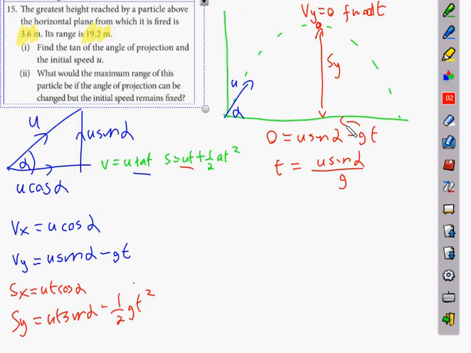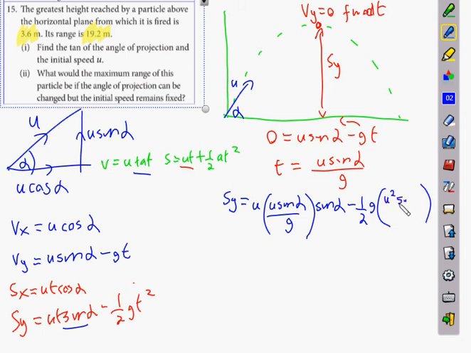Next you put that into the Sy equation. Sy ends up being u times t times sin alpha, minus a half g, and t squared is u squared sin squared alpha over g squared. So the first term is u squared sin squared alpha over g.